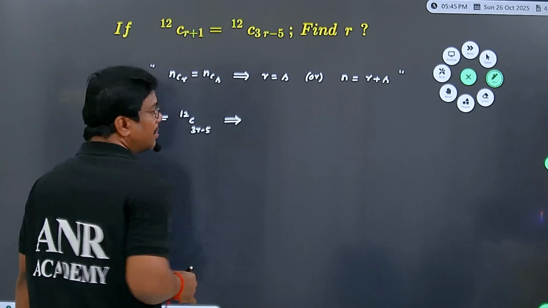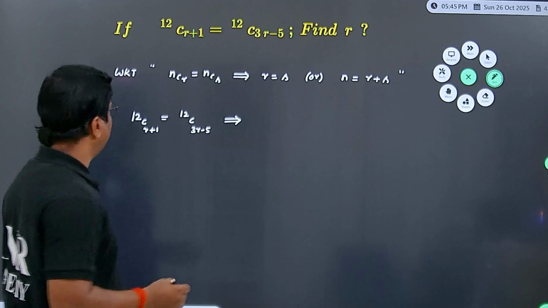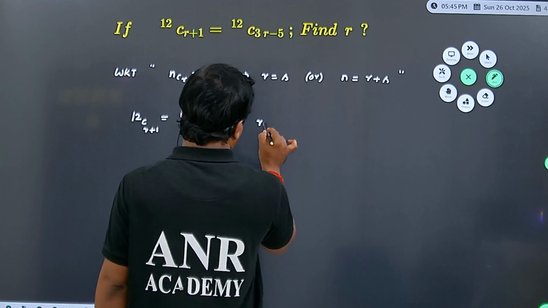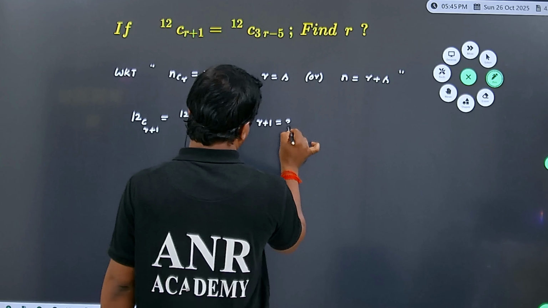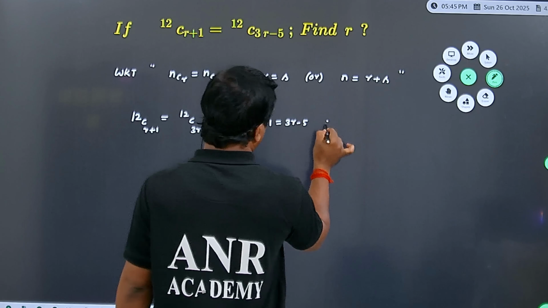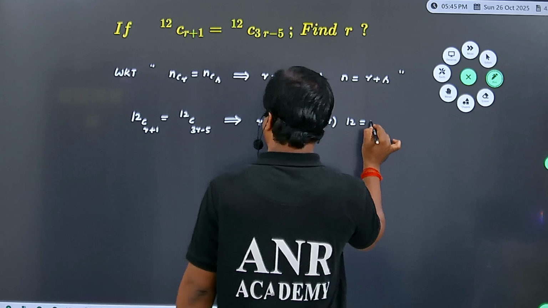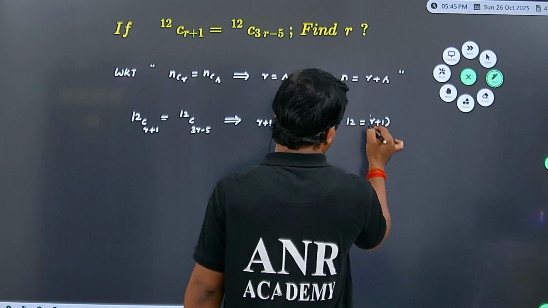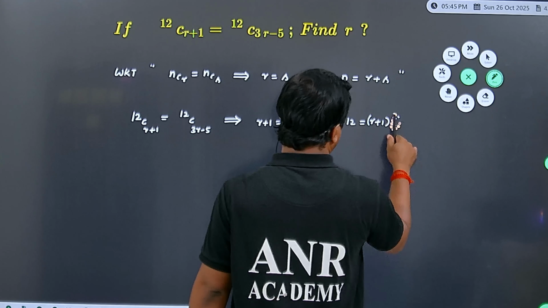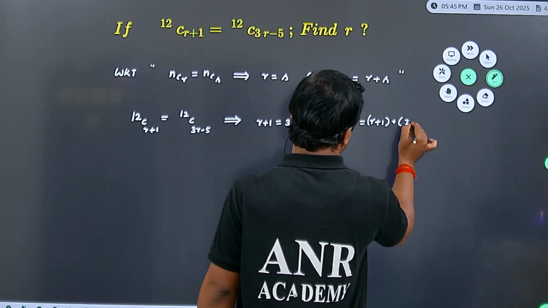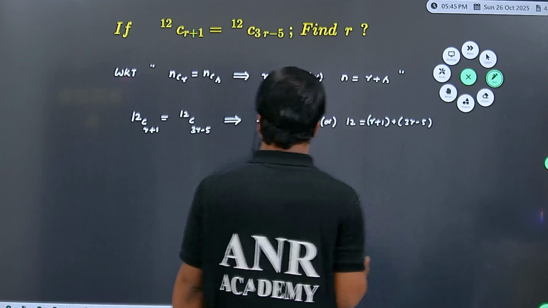Implies we can write R plus 1 is 3R minus 5, or you can write the value of 12 equal to combination of R plus 1 and 3R minus 5.